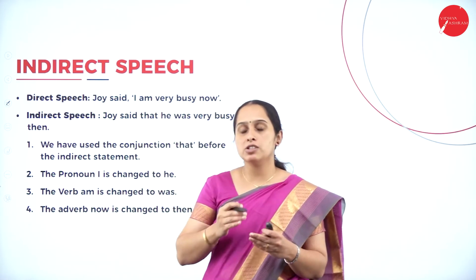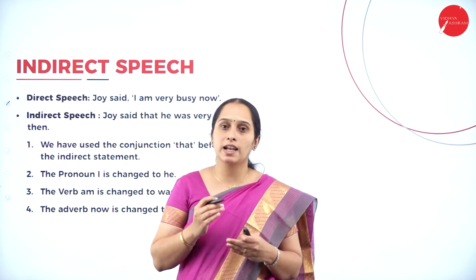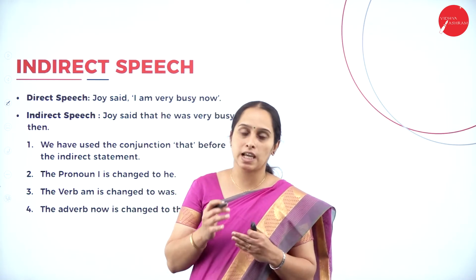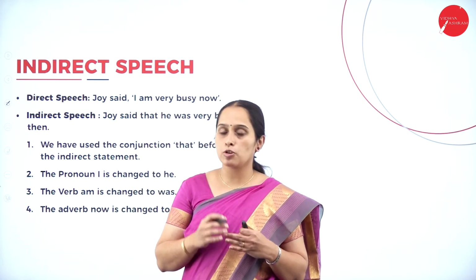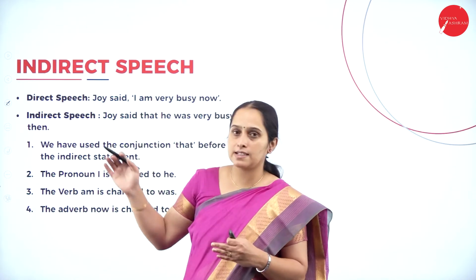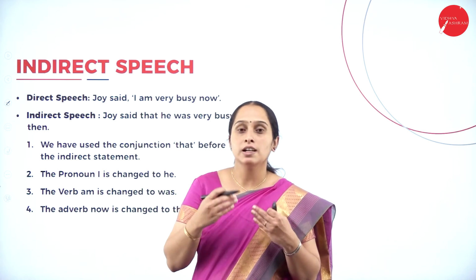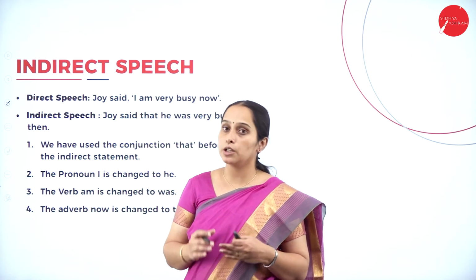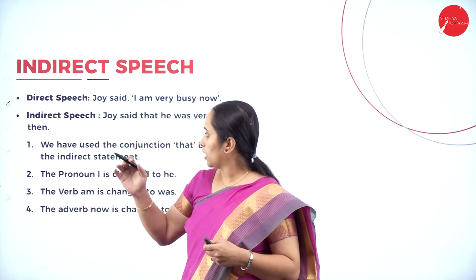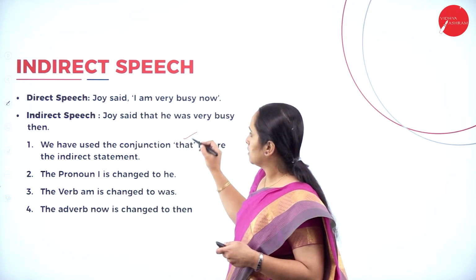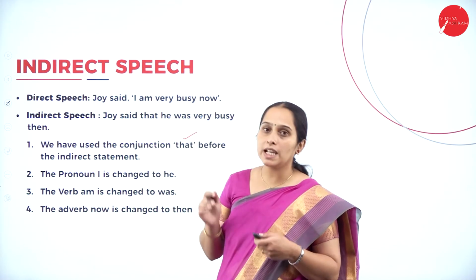When we change the direct speech into indirect speech, there will be some changes in the sentences. Taking this example, let's look into the changes we made. First, we have used the conjunction "that" before the indirect speech.